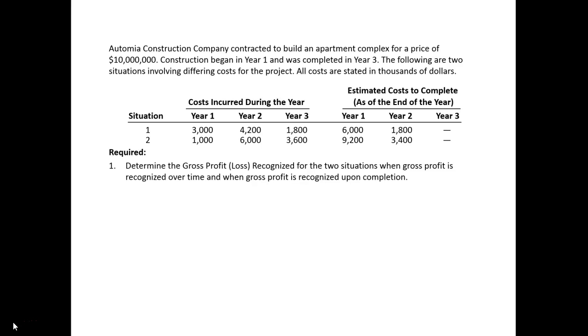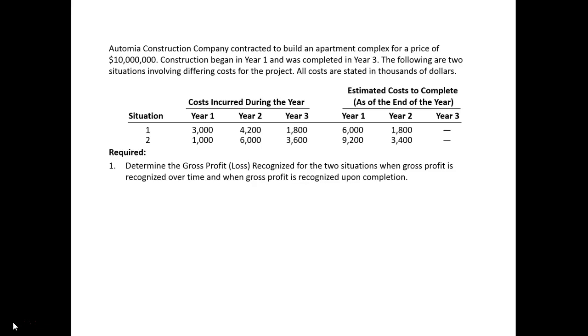So, in situation 1, cost incurred during the year, $3,000, $7,200, and $9,000, with estimated costs to complete the project at the end of year 1, $6,000 and $1,800 for year 2. Then we have situation 2, as you can see, cost incurred and then estimated cost to complete it.